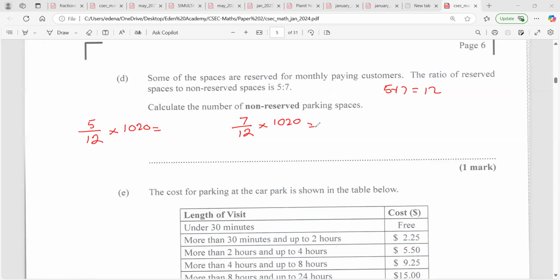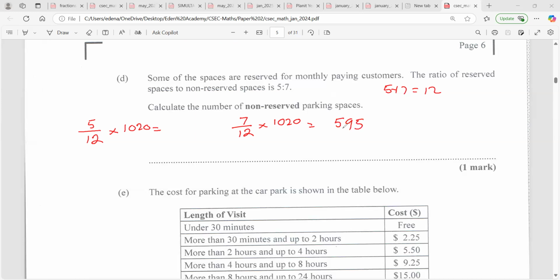So 7 over 12 times 1,020. 7 divided by 12, we get 595.